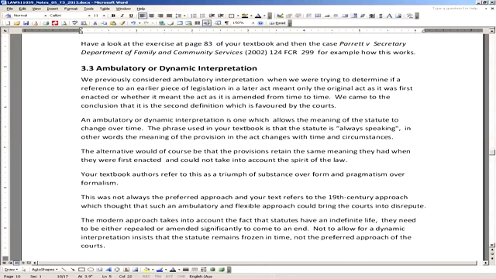But the other meaning of ambulatory or dynamic interpretation is what we mentioned earlier in this part, in the sense that the circumstances of society mean that we read sections in a different way.